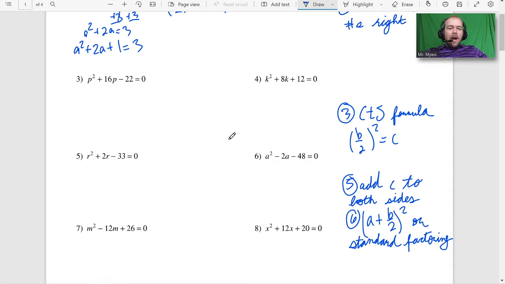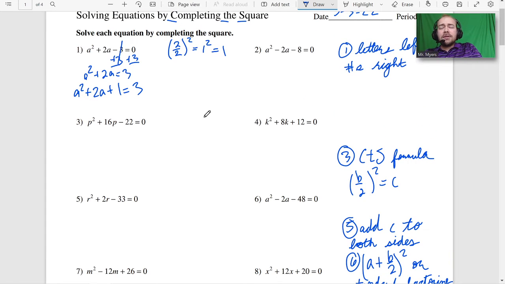You're welcome. But yeah, so number 6, standard factoring. You could do that. I could say, oh, what times what is 1 and adds to 2? 1 and 1. 1 times 1 is 1, 1 plus 1 is 2. That would be the standard factoring method. Or you can do a plus b over 2, where b over 2 is 1.